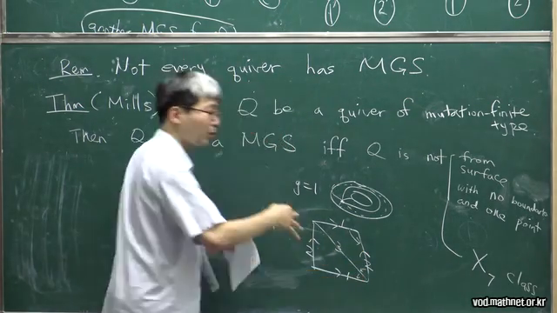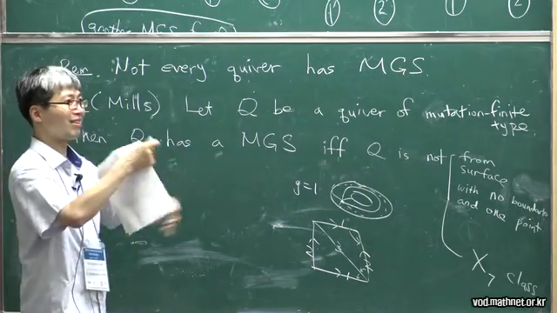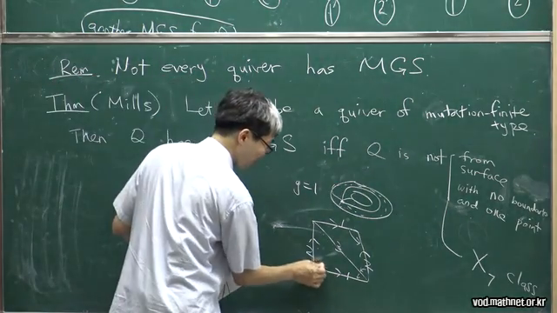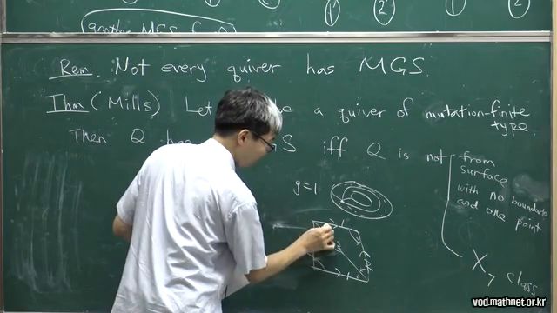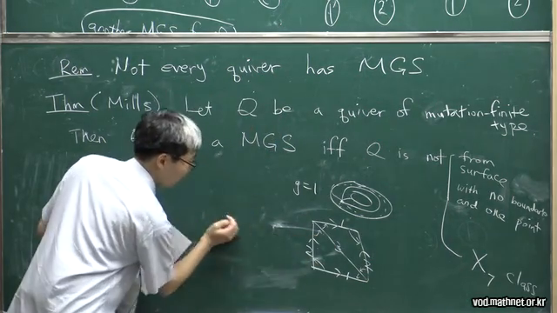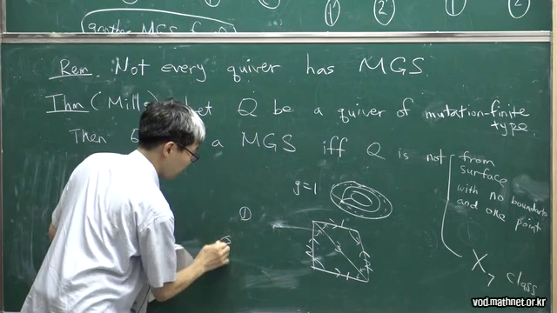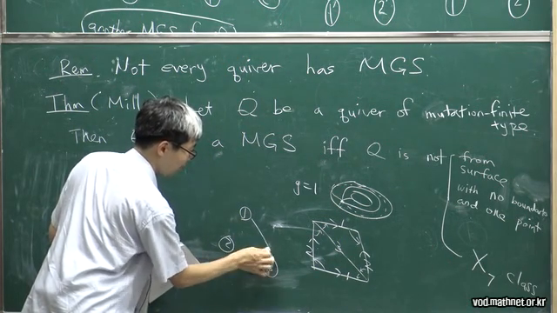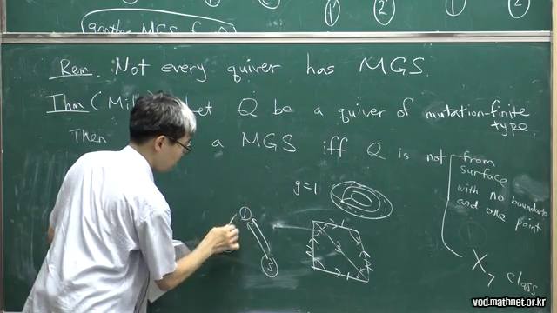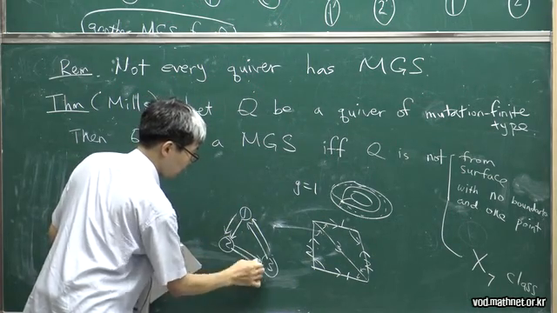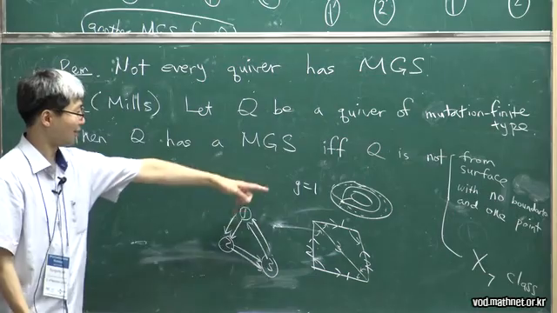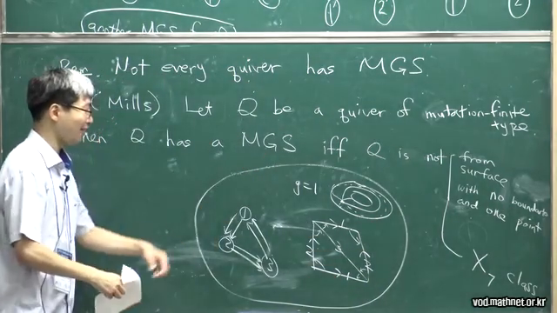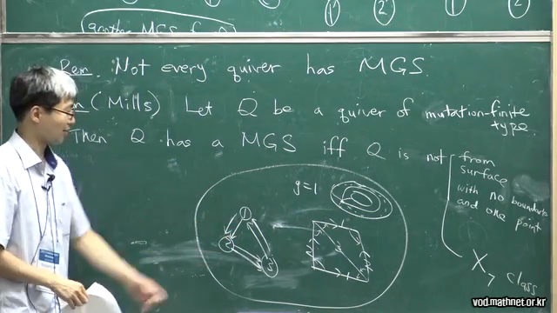So essentially, up to homeomorphism, up to this mapping class group, up to that, there are only 2 quivers for this surface. This one and then the opposite directions.